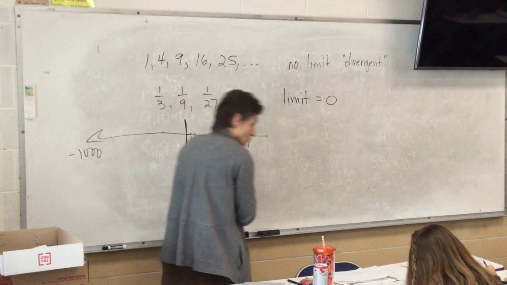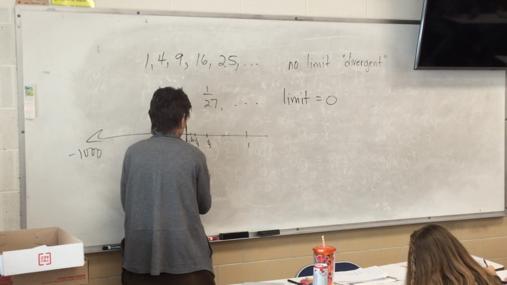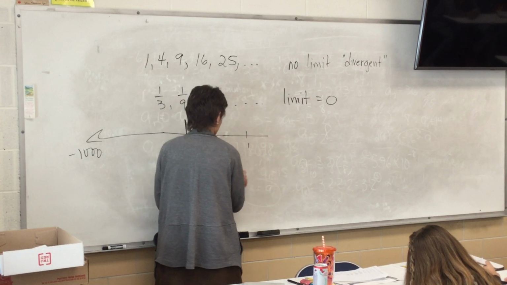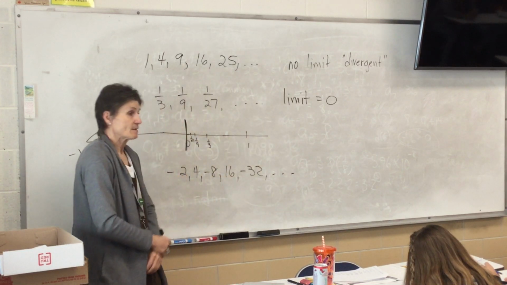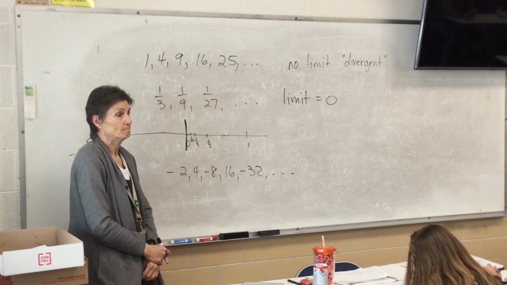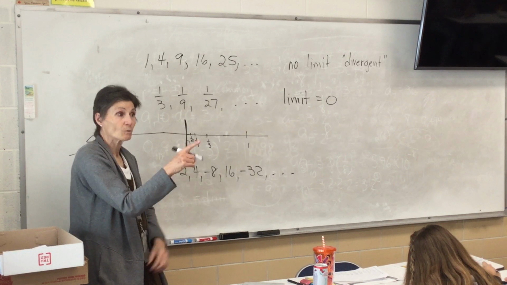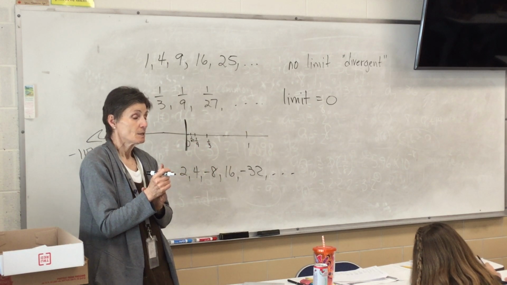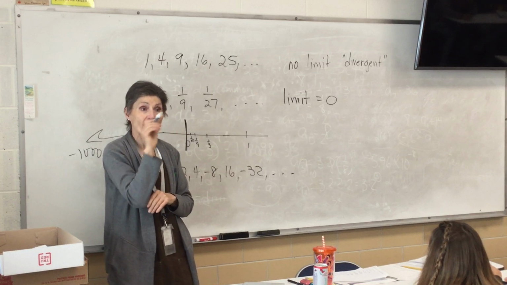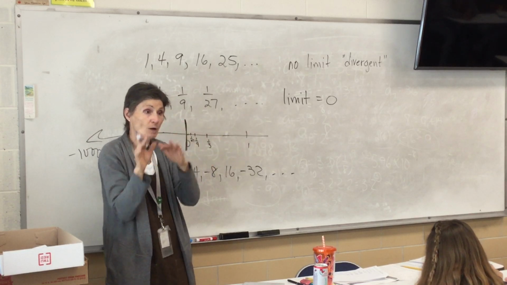All right, how about the next one? -2, 4, -8, 16, -32. What's happening to that one? Okay, so it's geometric. I'm multiplying by -2. So the terms are flipping back and forth, positive to negative, right?